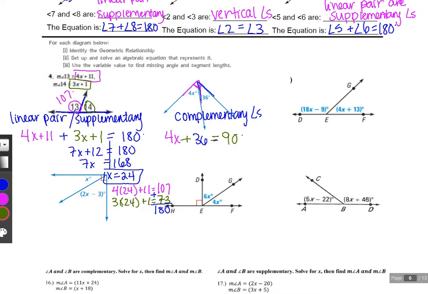Alright, now I need to solve for x, so I'm going to move 36 over to the other side. That should give us 4x equals 54, and then dividing by 4 should give us 13.5.